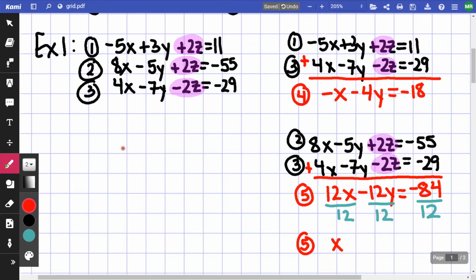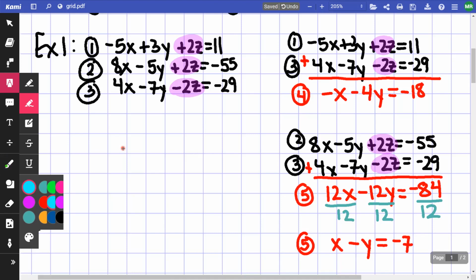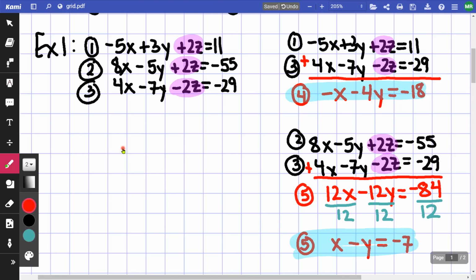This is going to be x minus y is equal to, and when I take 12 into 84, I get negative 7. And so now I have these two equations. I'm going to take equation 4 and equation 5. And now this is the two variable system I am going to solve. Okay. So let me bring those over here.